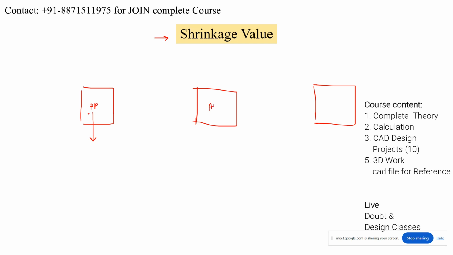Or we have aluminium material, or MS material, which is mild steel. If we apply heat to all the materials, after a specific heat they will melt, right or wrong?